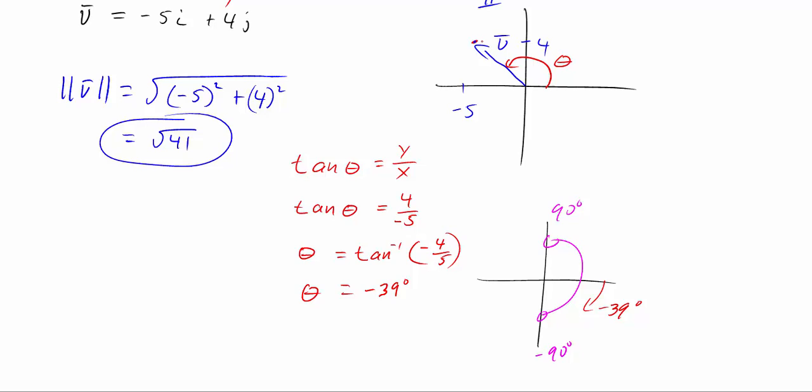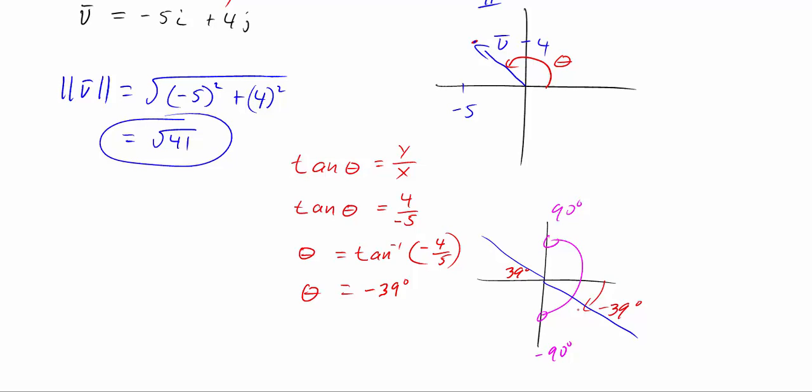Because the inverse tangent is only going to give you an angle from negative 90 to a positive 90, we can think of this as a reference angle of negative 39. Remember, the negative 39 is indicating negative because it's going down into the fourth quadrant.